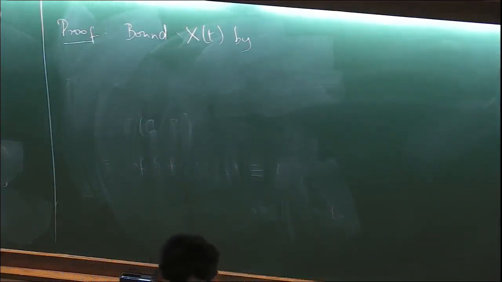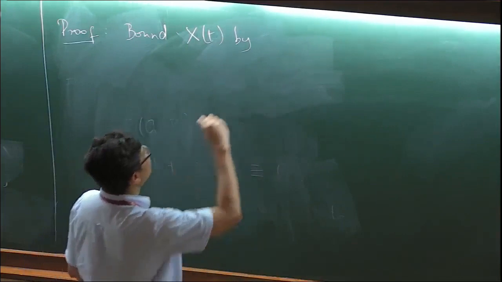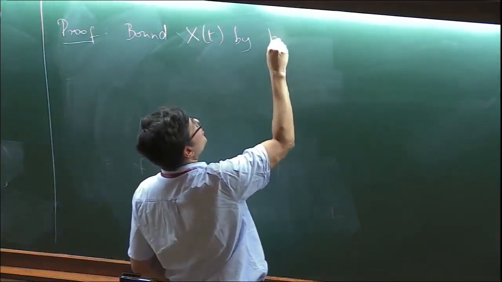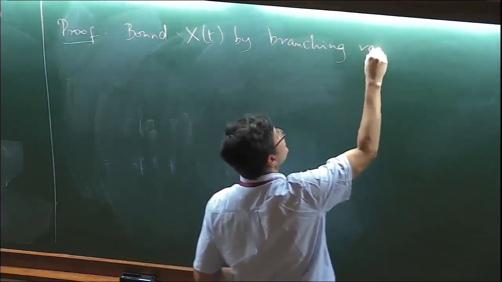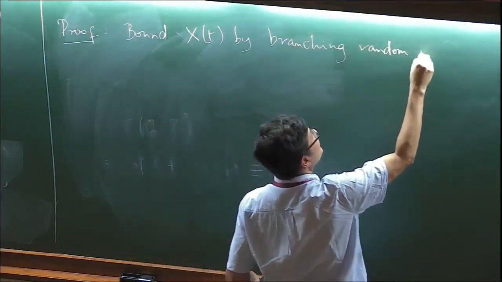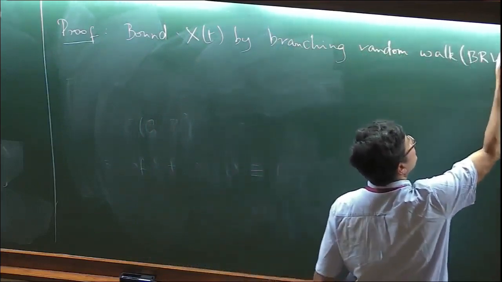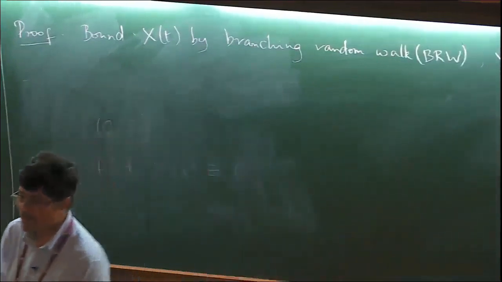Under a stronger condition that something else is bigger than 1, we have a lower bound. Okay, so we are going to bound xt by something called a branching random walk, which I'll denote by yt.